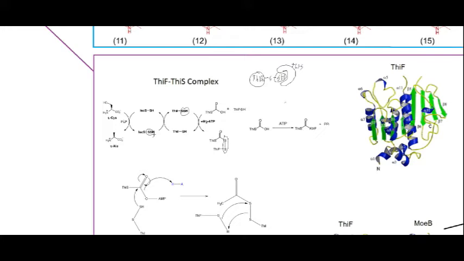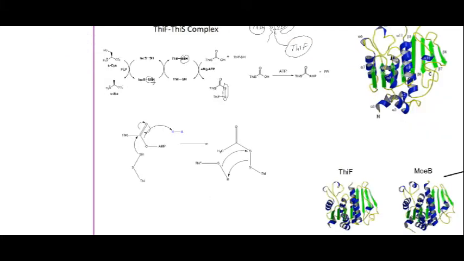And then our ThiF is actually bigger than the ThiS, so I'll draw it bigger. ThiF comes and sort of displaces the ThiS. Actually, that would be right here off of this, so that instead of the ThiI ThiS complex, we sort of exchange the ThiI for the ThiF and end up with the ThiS ThiF complex.